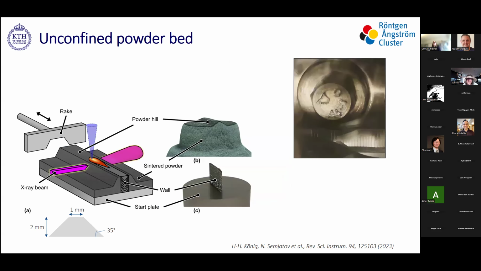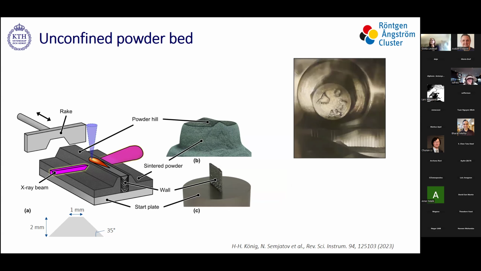In the previous work I showed you on the laser side, we had different types of sample environments. There was the AM replicator with the solid plate, which you melt with the laser. And then there was this more operando type where you print a small volume and then tilt it and do reflection mode measurements.